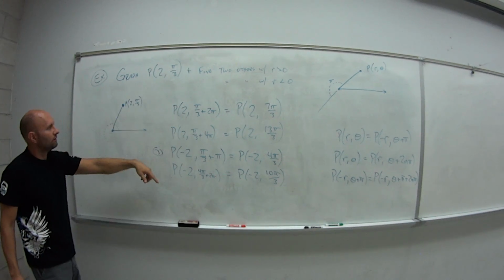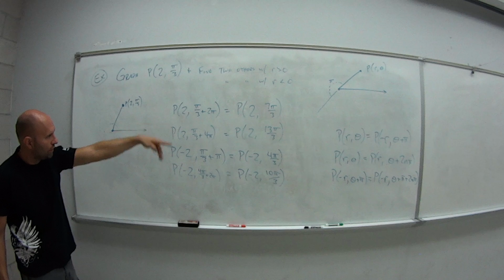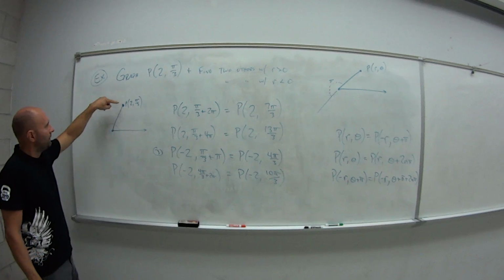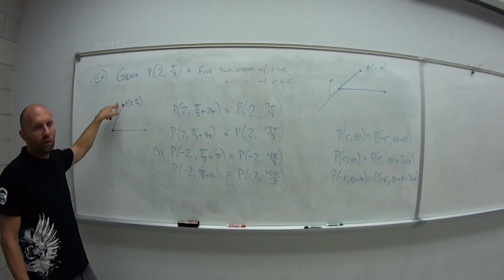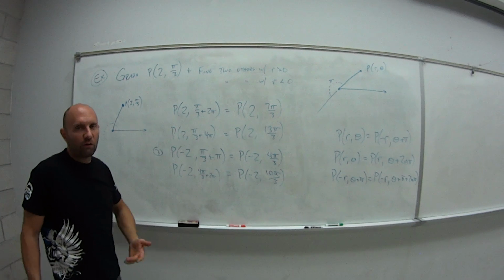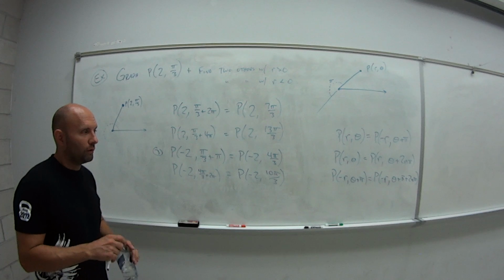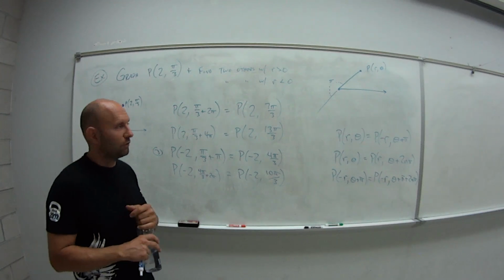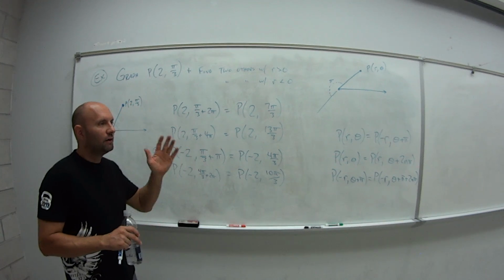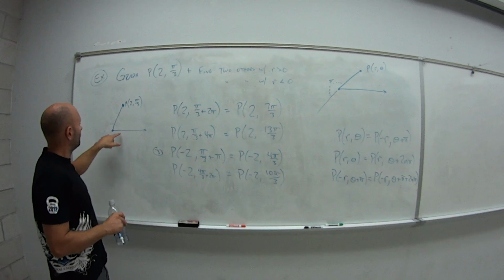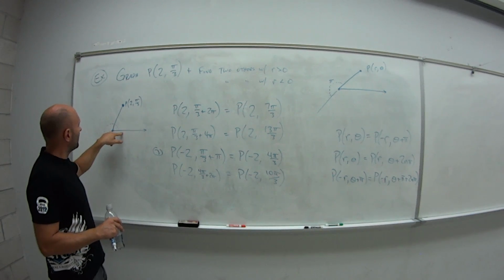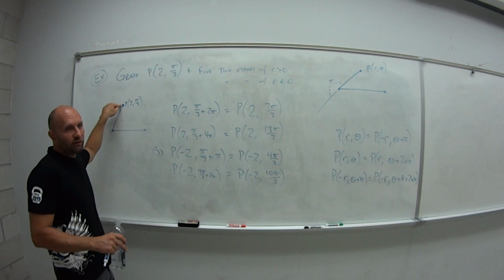All 4 of these, actually all 5, the original plus these 4 that we generated, are all representations of this same point. And you can see how the polar coordinate system differs from the rectangular coordinate system. In the rectangular coordinate system, we just have an x value and a y value, which puts us to here.